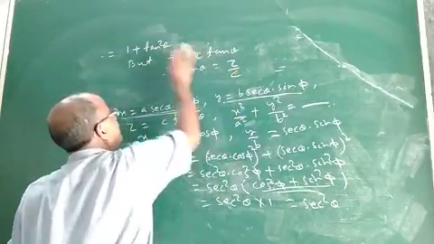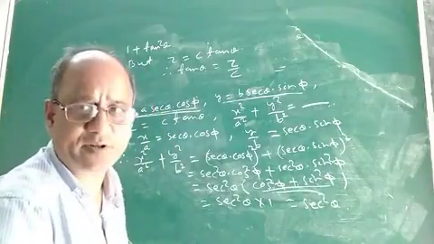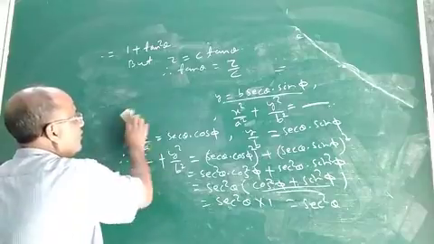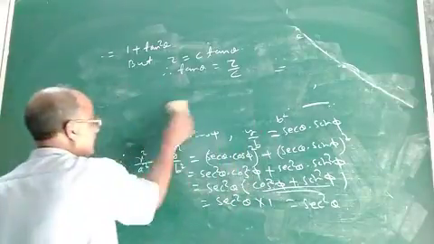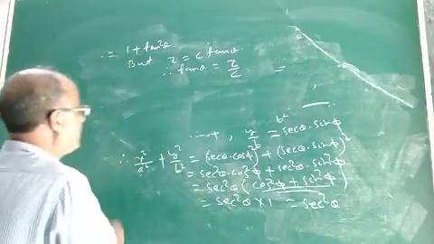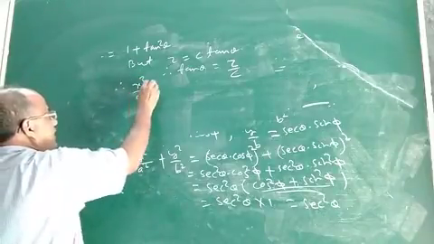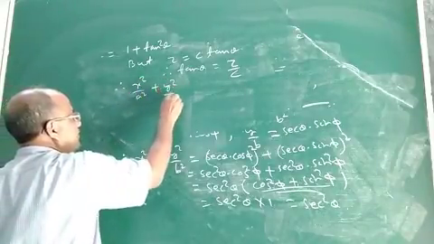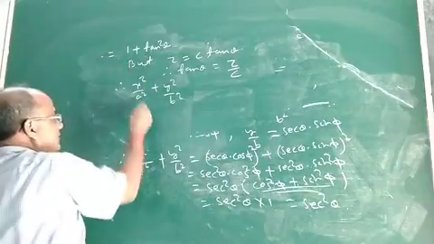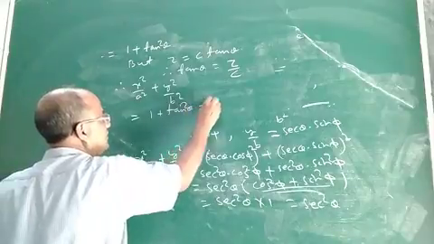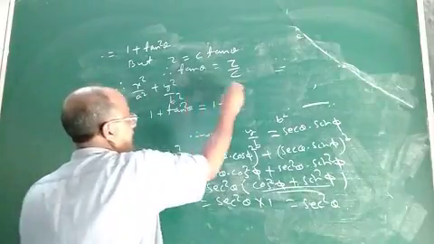Now substitute the value of tan theta in the expression 1 plus tan square theta. Therefore ultimately we will get x square by a square plus y square by b square equal to 1 plus tan square theta, where tan theta is z by c.